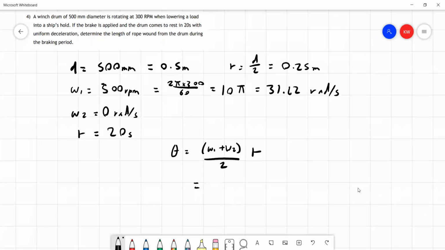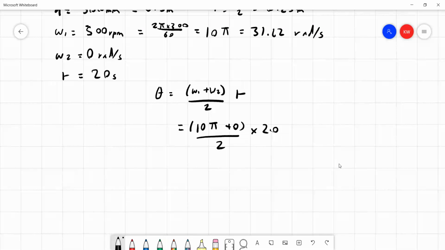You can put in 31.4, but I'll use 10 pi here to keep it exact. 10 pi plus 0 divided by 2 times 20. Now 10 pi plus 0 is just 10 pi, so that's 10 pi divided by 2, which is 5 pi, times 20 is equal to 100 pi, or if we write that out numerically, 314.16 radians, and remember that's our unit for angular displacement.